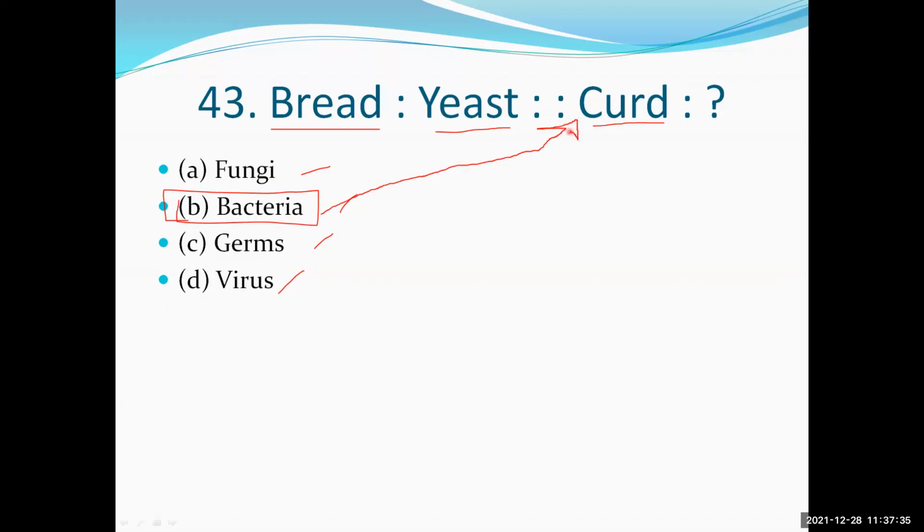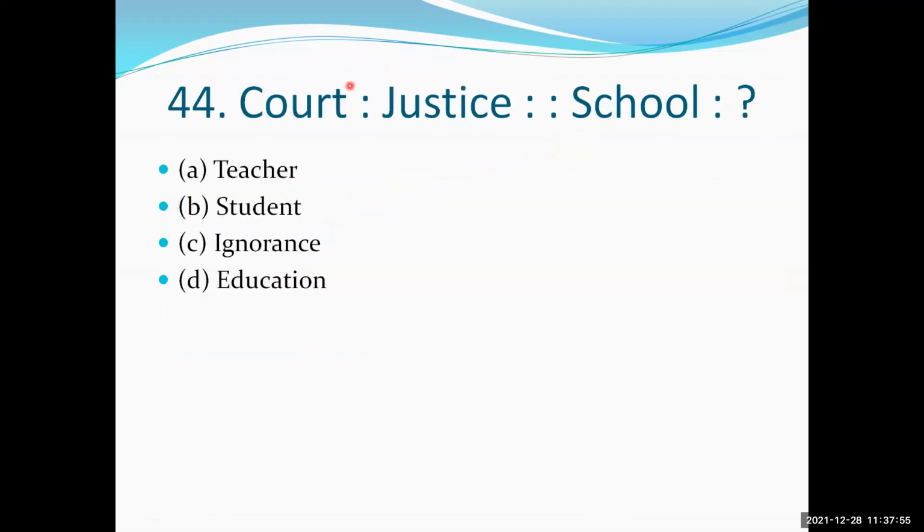So option B is the answer. Fungi can be harmful, germs are harmful, virus is also harmful, but bacteria are helpful to convert milk into curd. Similarly, yeast helps us to get bread. So option B is the answer here.